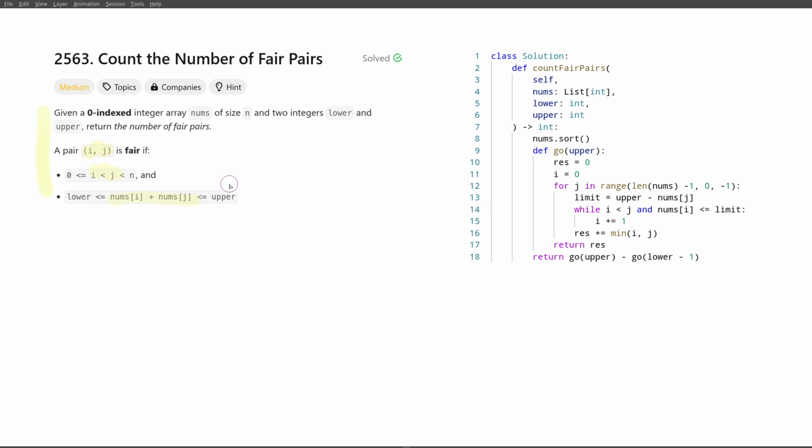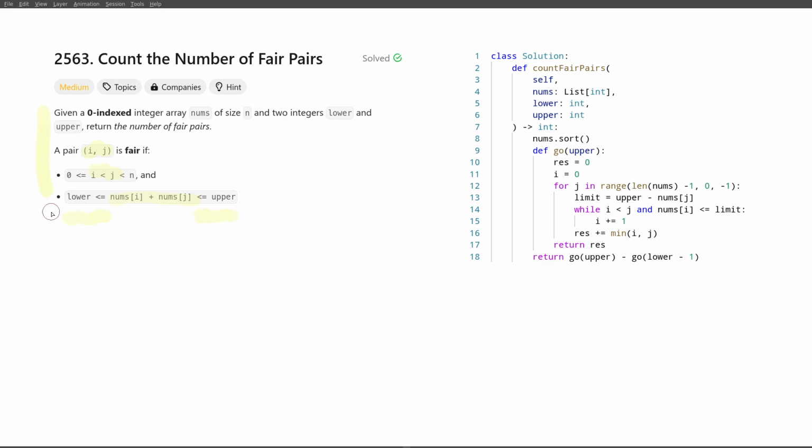And the second pattern, which might be useful, or maybe it won't be useful, and of course I'll use it in my solution, but I'm not sure that it's necessary, is that when we have to count the number of pairs that satisfy something from both sides, so it has to be less than or equal to upper, but also more than or equal to lower, then what we can do, if it makes things more convenient for us, is to only implement one side of that inequality, and then just solve the problem twice and subtract the results.